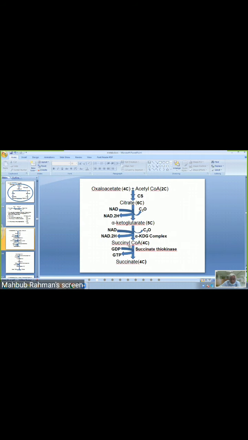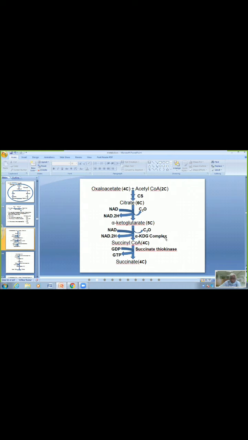The succinyl CoA is converted to succinate. The enzyme responsible is, again the question comes, the alpha ketoglutarate dehydrogenase complex. This complex is also a complex of 3 enzymes and 5 coenzymes, which have been mentioned in PDH. Is it clear?